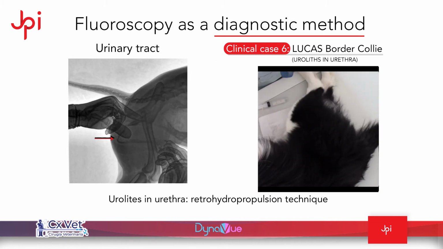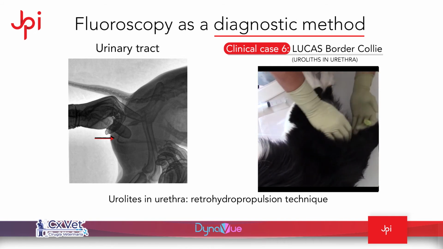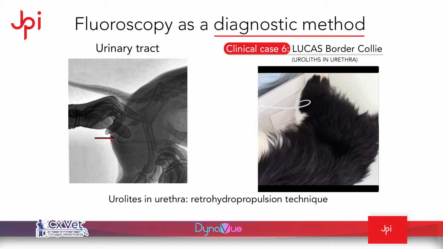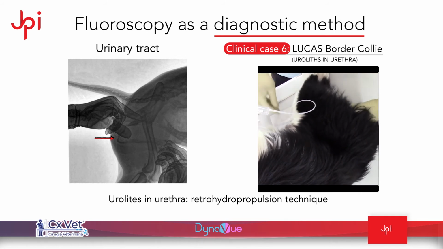The importance of this technique is to confirm that the stones are actually flushed to the bladder, and thus perform only a cystostomy to solve it. Observe the red arrow that shows the retained stone, and with fluoroscopy, we confirm the flow and the flushing of the stones.